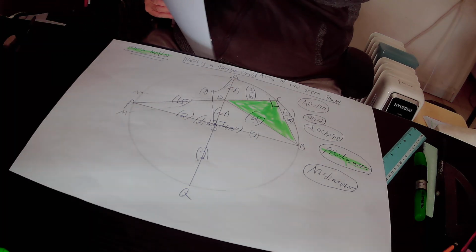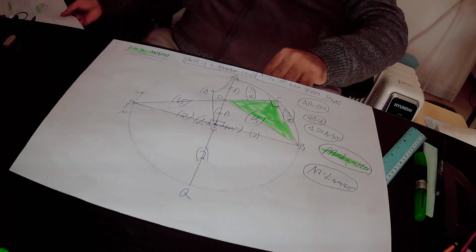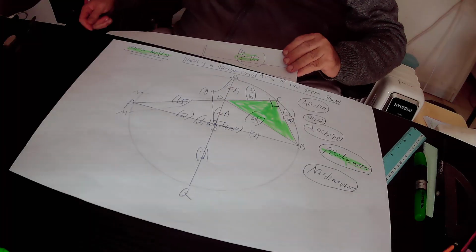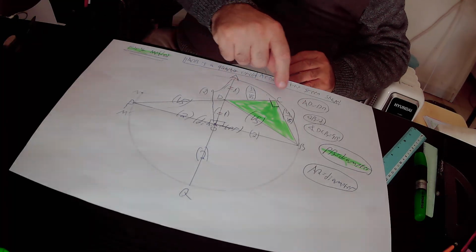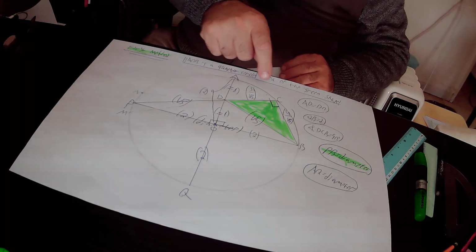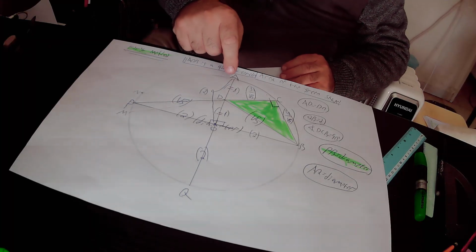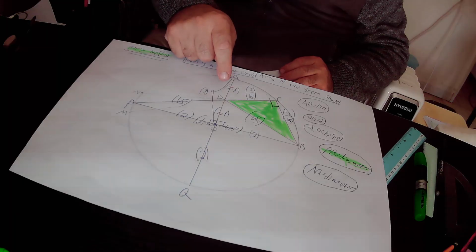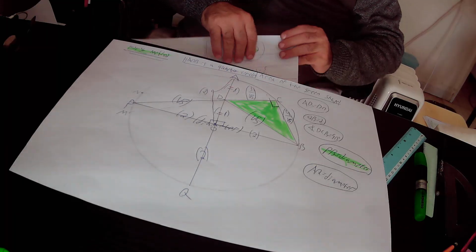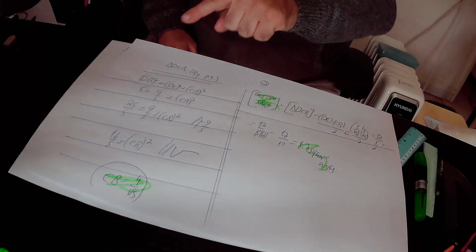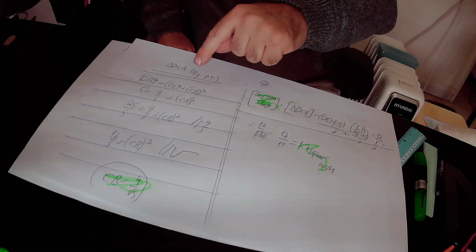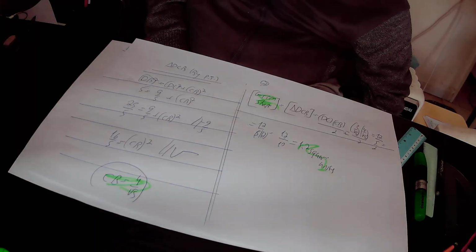Again, right triangle DCB, according to the Pythagorean theorem, DB squared, the square of the hypotenuse, equals DC squared plus CB squared.